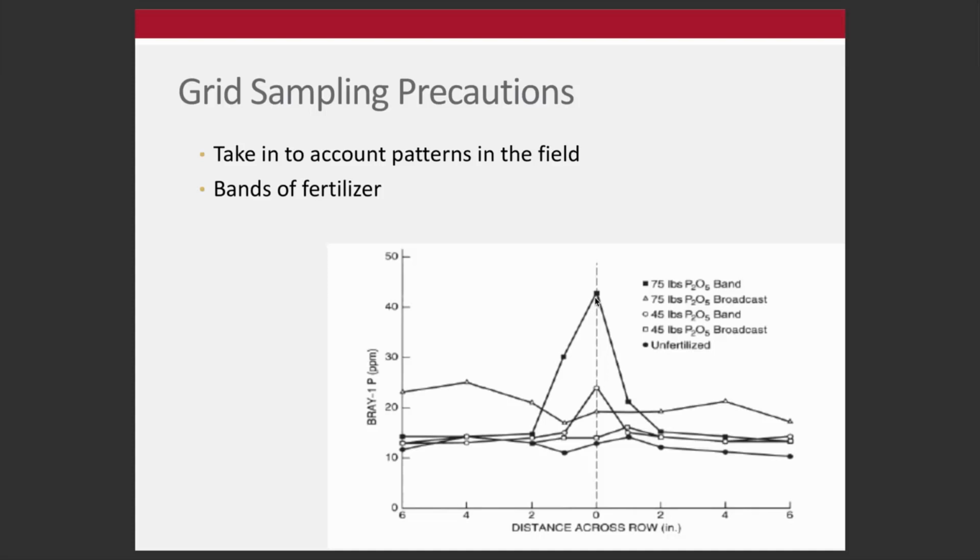So if you go down a line and inadvertently pull directly from where fertility was banded on a row, and you pull 4 samples and they're all in this row, it's telling you, oh, you've got plenty of fertility, but really the average for the majority of the field might be somewhere around half of that soil test value.